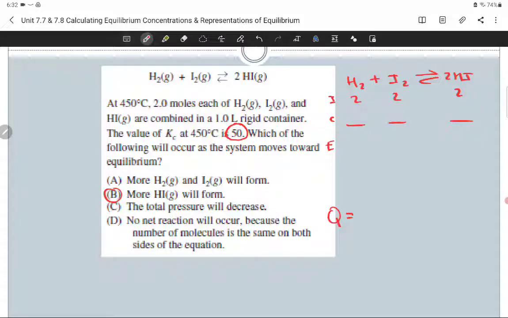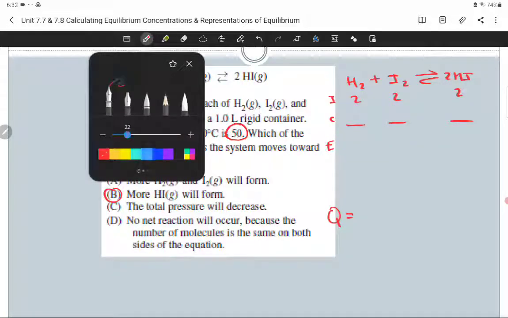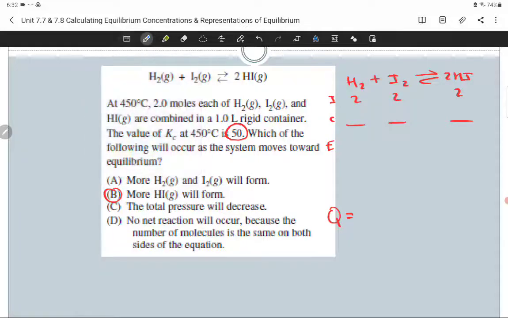So the way that we will be able to identify that, if we're not in the lab and can't visually see it occur, is to calculate this Q. For Q, you use all of the same ideas, except that when we did K calculations we used the equilibrium row. But today, for Q, we are going to use the initial amounts. That's the only difference.